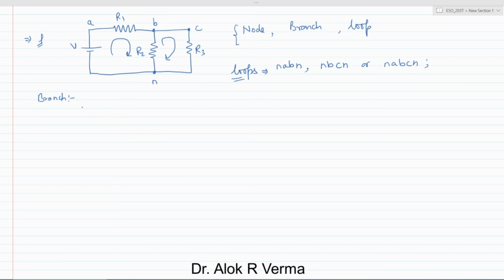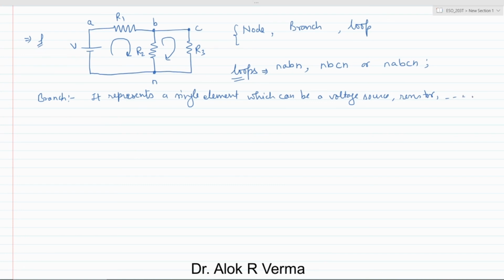Now the branch basically represents a single element, which can be a voltage source, or a resistor, or any other element.